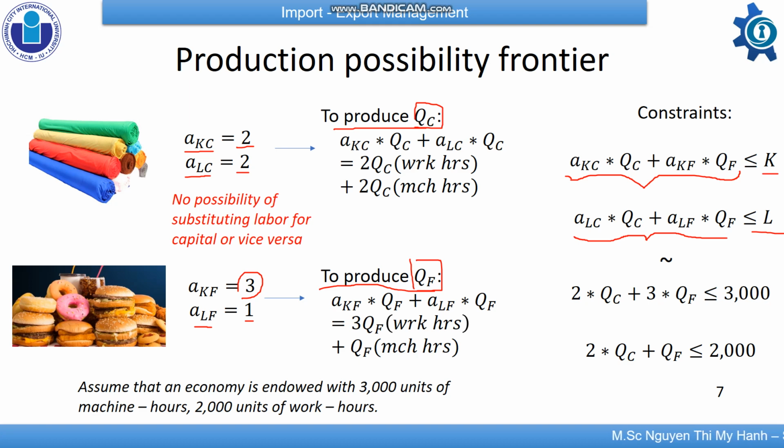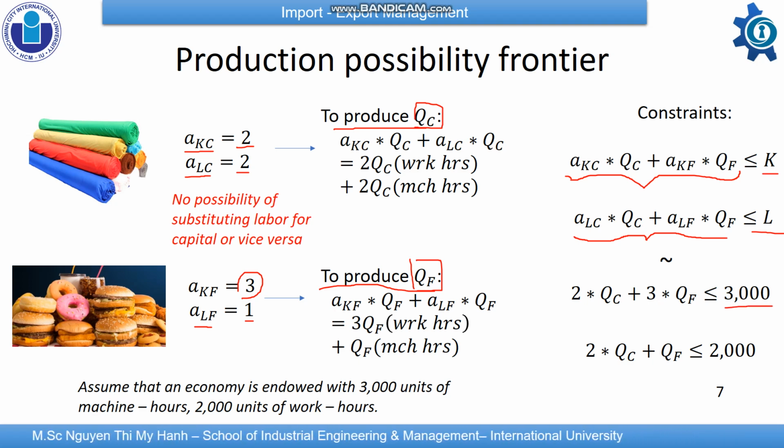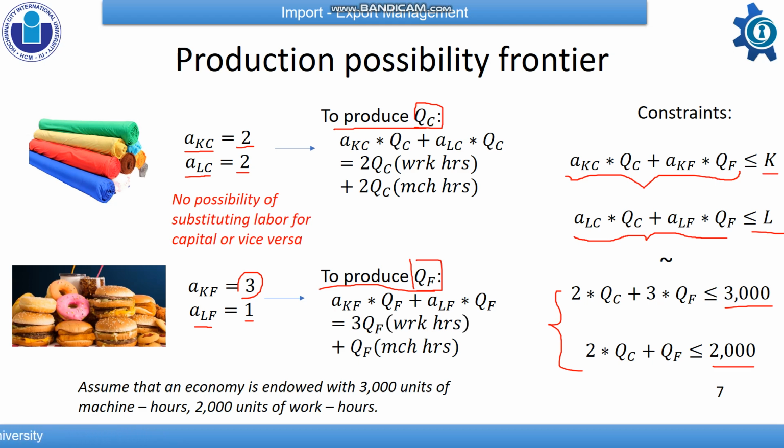So we just replace the numbers here. We will have 2 QC plus 3 QF less than or equal to 3000, and 2 QC plus QF less than or equal to 2000. And in this case, we assume that the capital capacity is 3000 and the labor capacity is 2000.